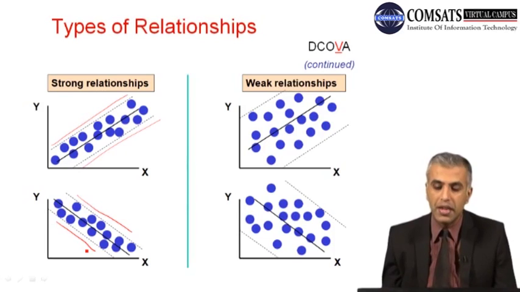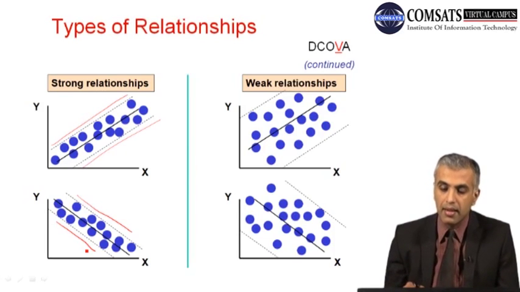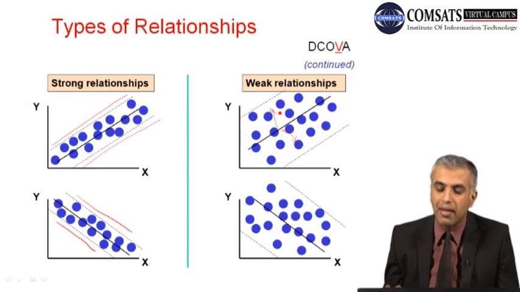In case of a weaker relationship, we can see that all these values are moving away from that line, and basically the farther they go from the line, the weaker the relationship is.